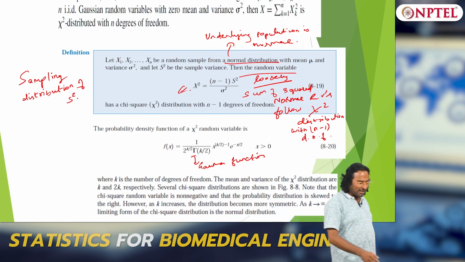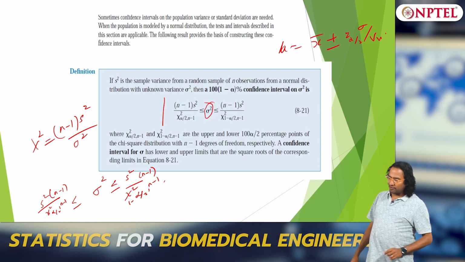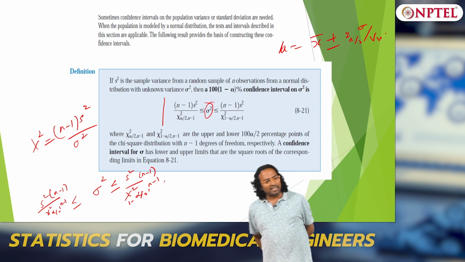So if I rewrite this, the confidence intervals we give are for sigma squared, and that also is a ratio.